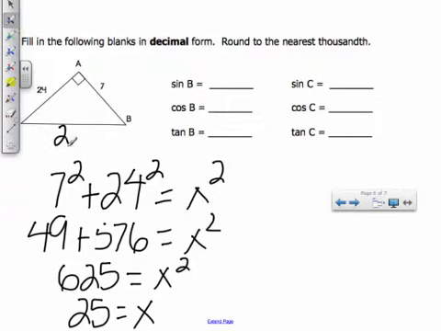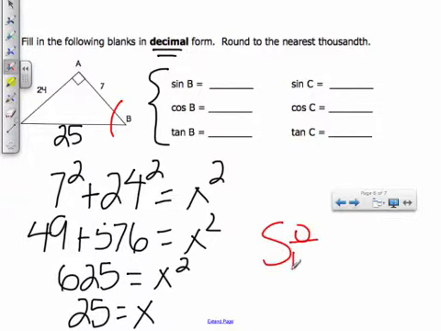All right. So now I can find these answers, but this time it says in decimal form, not in ratio form. And that's easy. It shouldn't be a problem at all. For this first column right here, it's all based on angle B. And angle B is this angle right here. So since sine is opposite over hypotenuse, what is the opposite of angle B?